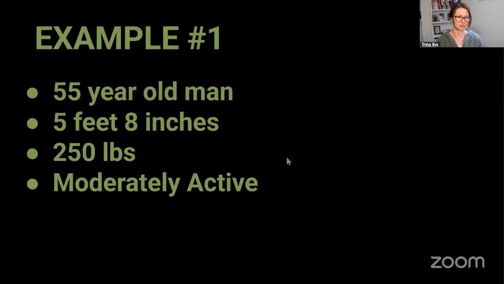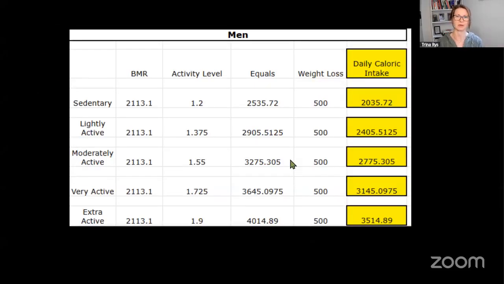And I can show you the spreadsheet I use. But anyway, I put the numbers into the spreadsheet and this is what comes out. So if you are 5'8", you're 55 years old and you weigh 250 pounds, this is how many calories you need. You can see here where it says equals, this line is what your body needs calorically for maintenance, dependent on whether you're sedentary, lightly active, moderately active, very active or extra active.